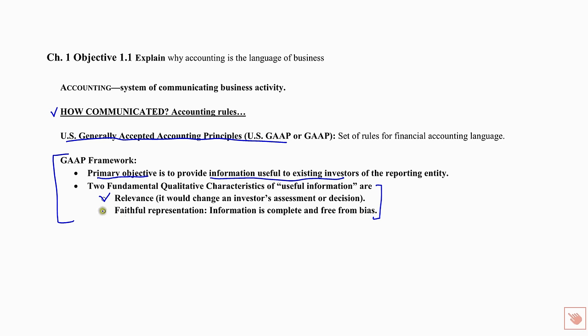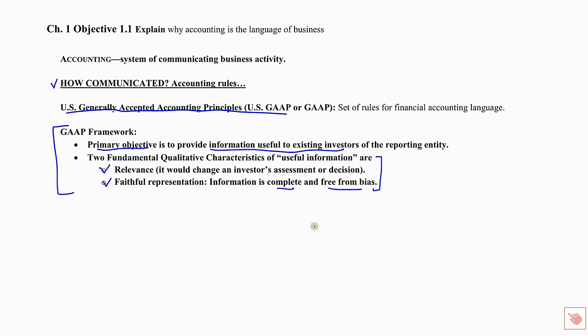Either way, it's relevant. The other fundamental qualitative characteristic is that it's faithfully represented, so it's complete and free from bias. So it's not consistently overstated or understated. Those are the two fundamental qualitative characteristics.